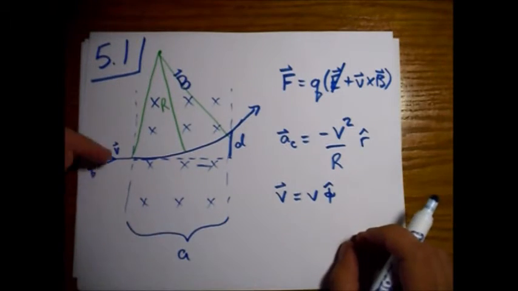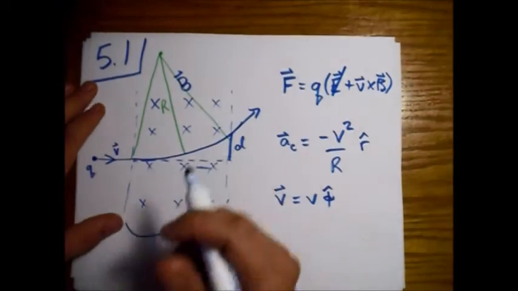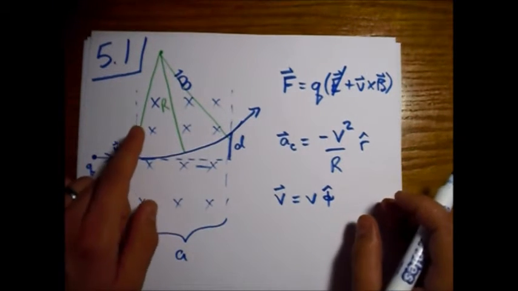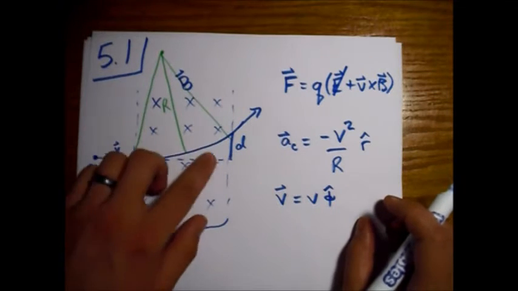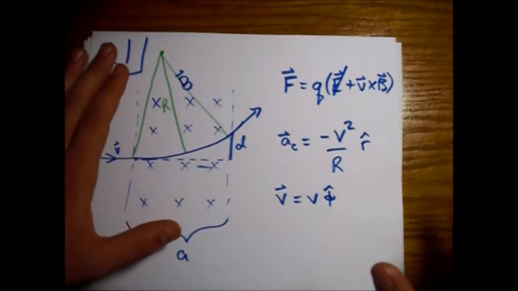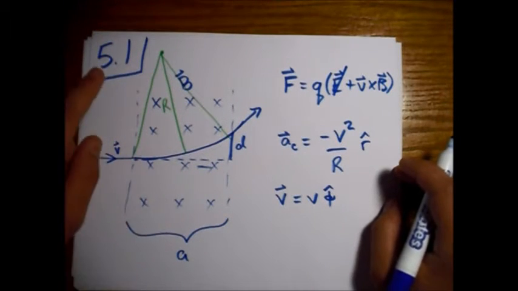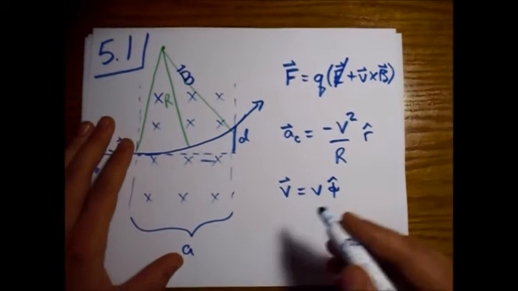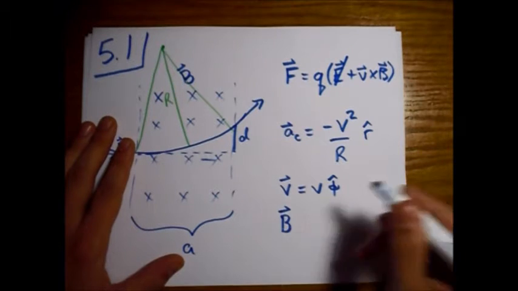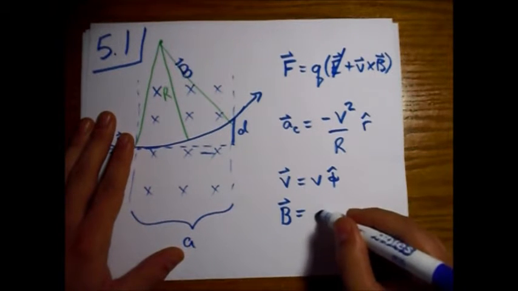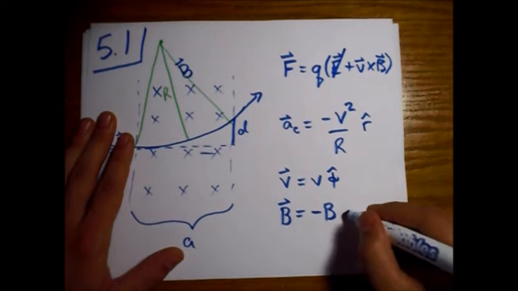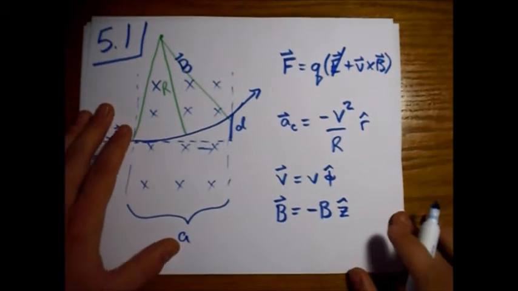If we're calling phi positive, going in this direction, then to have a right-handed cylindrical coordinate system, our z-axis would need to be pointing up. The B field is pointing down, so our B field is negative B in the z hat direction.